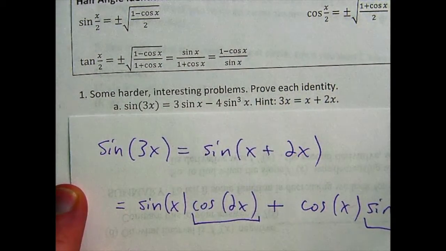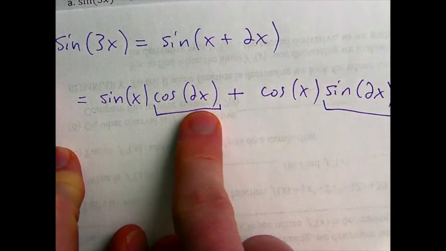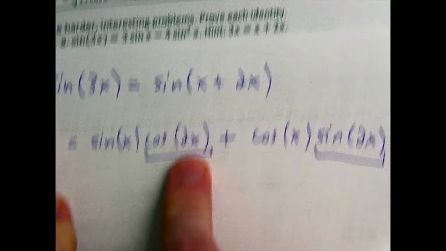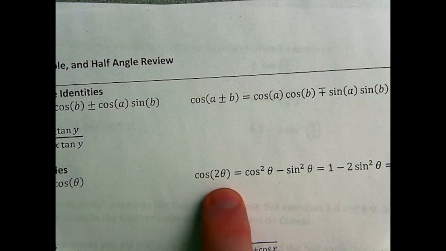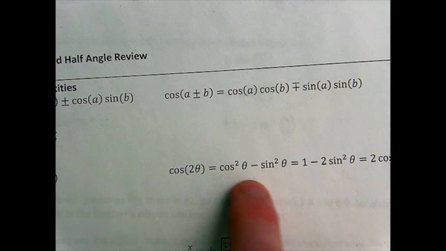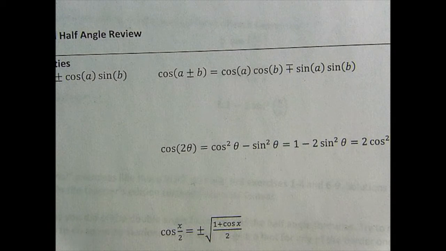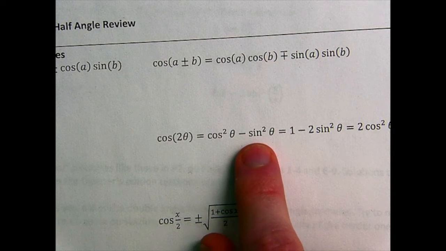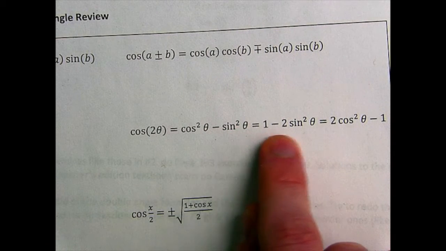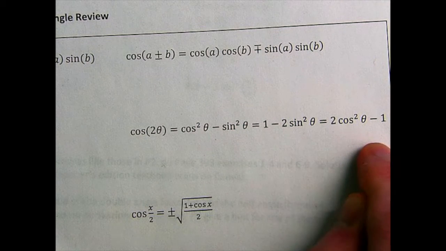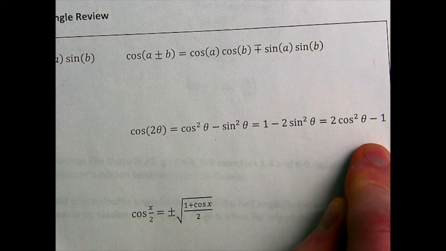And with cosine 2x, there are 3 different formulas for it. Right here you've got cosine 2 theta is cosine squared minus sine squared. That's one formula, but there's also 1 minus 2 sine squared, and 2 cosine squared minus 1. Which one should we use?